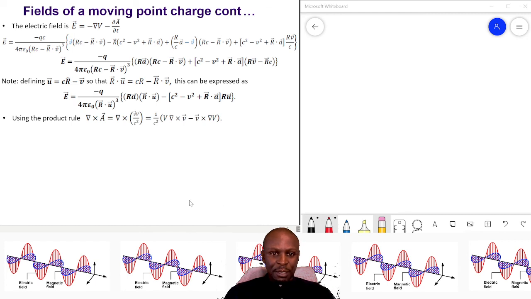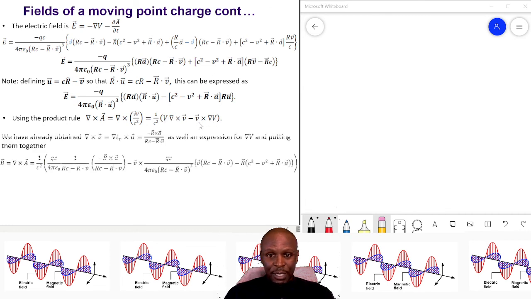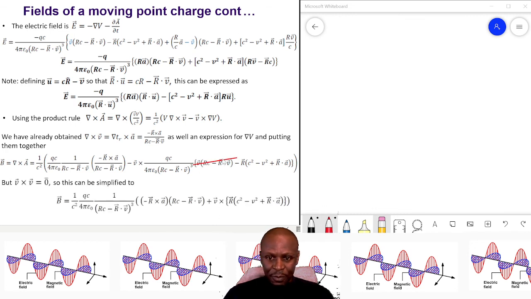Now in that case, the electric field will just be given by this equation here. And then from there, using the product rule, in order for us to get the magnetic field, this is what we are going to have. You can see that the curl of V is given by this. But what I want you to see is that V cross V is just going to be 0, because the cross product of two vectors is the magnitude of V multiplied by the magnitude of V, and then the sine of the angle between them.